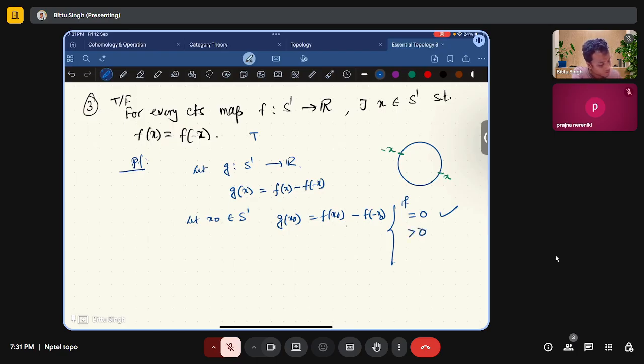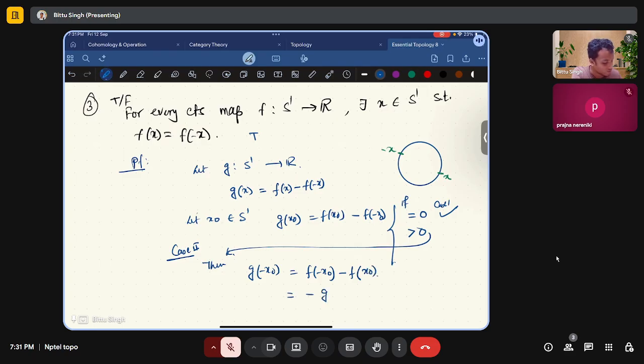So if this is greater than 0, then for this case, this is case 1, which is done. For case 2, what happens? Then g(-x0), which is f(-x0) minus f(-(-x0)), which is x0, is the same as minus g(x0), right? We have assumed g(x0) is strictly positive, then -g(x0) must be strictly negative.